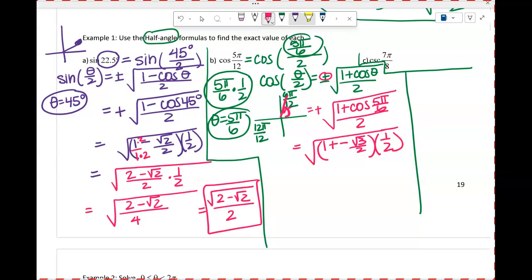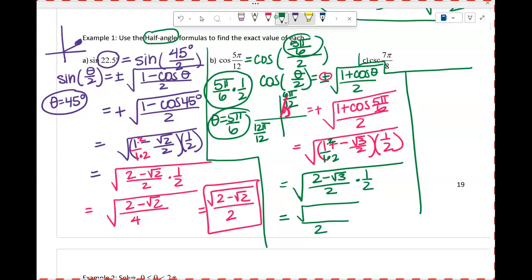The lowest common denominator is still the same, so we write 1 as 2 over 2. This is going to be a big radical, 2 minus radical 3, all over 2 times 1 over 2. On the bottom is the square root of 4, which comes out to be 2. On the top, it's just 2 minus square root of 3, and then all of that is going to be under the radical like that.